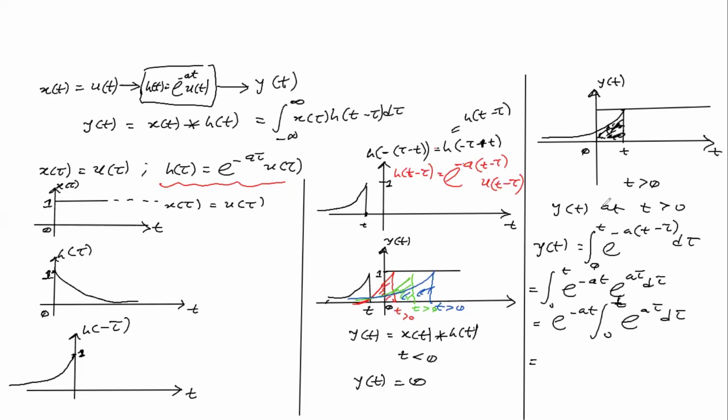Is that clear? Yes, sir. So now we have epsilon minus at. Once we integrate this, a comes down, epsilon a tau, 0 to t. All right? I'm sure that's clear. So we can take on the limits.